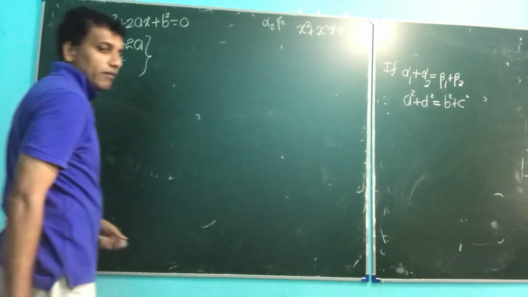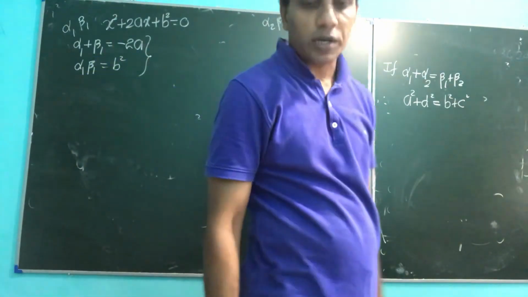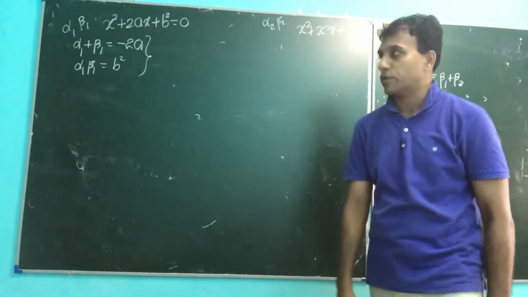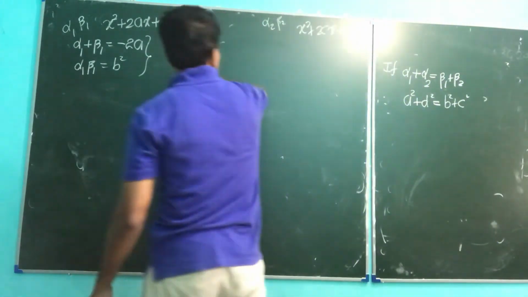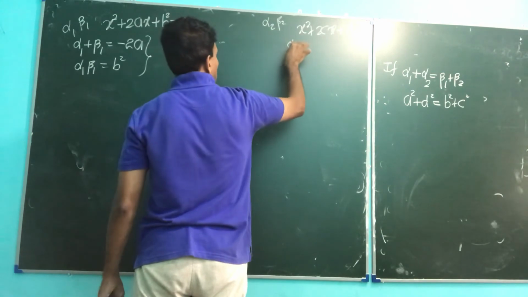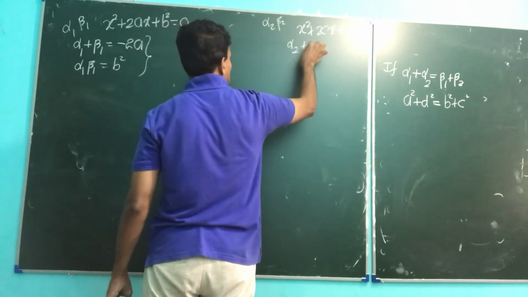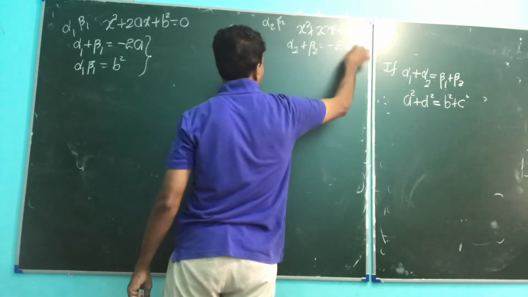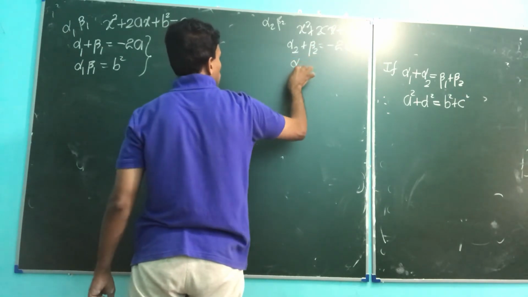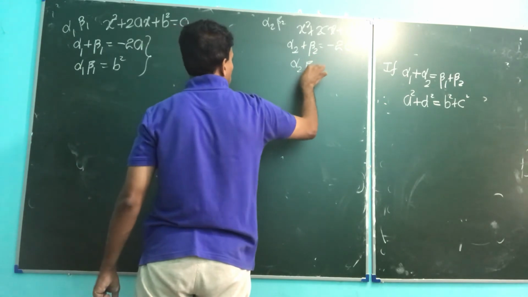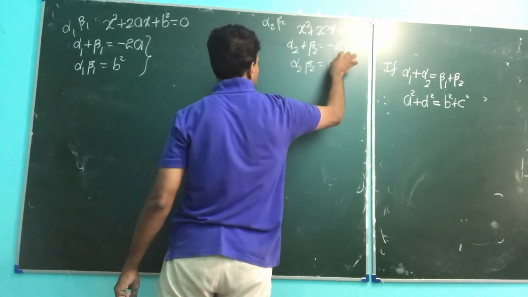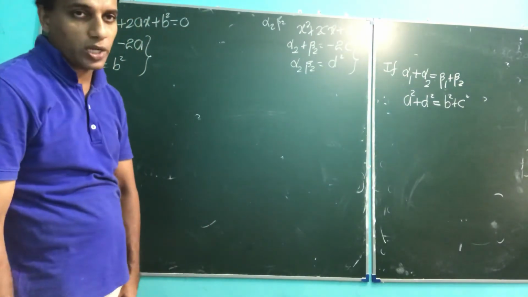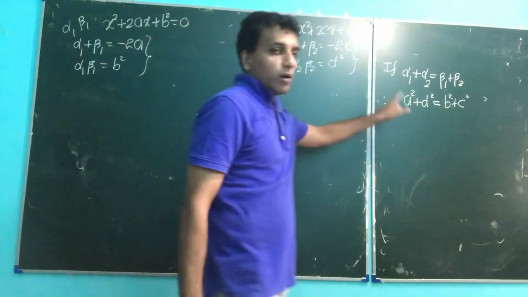That is for every quadratic equation. That's important: sum of the roots and the product of the roots, right? Here the same: alpha 2 plus beta 2 equals what? Minus b over a. And alpha 2 beta 2 equals c over a, right? Summation and the product for the respective equations. Okay, it's a very useful problem.